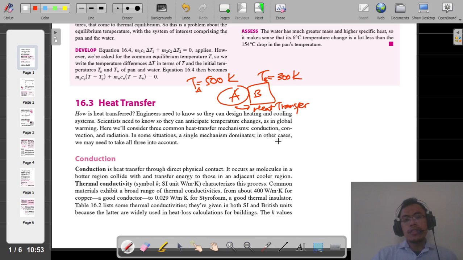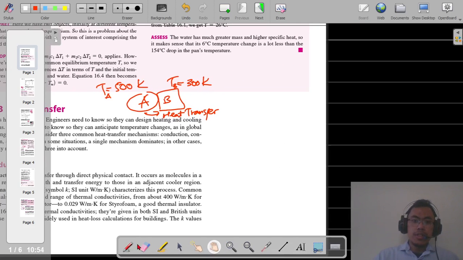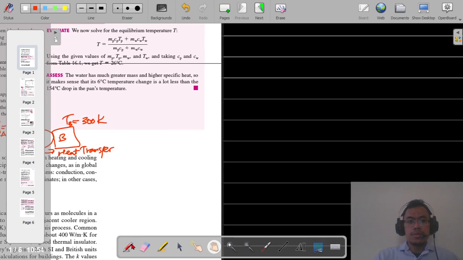And in physics itself, there are three kinds of heat transfer.